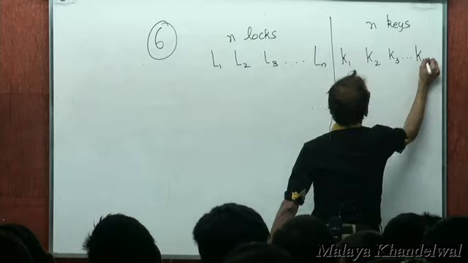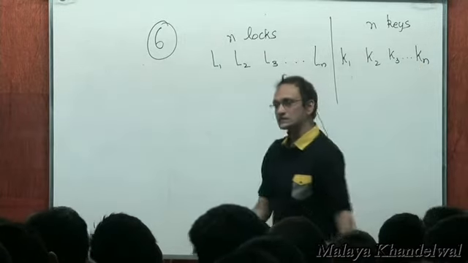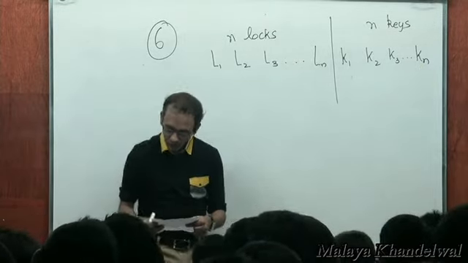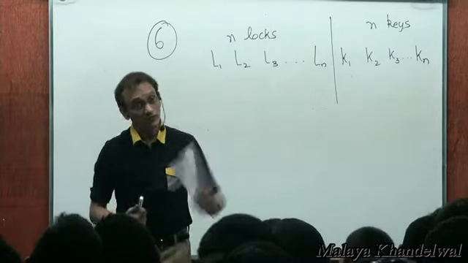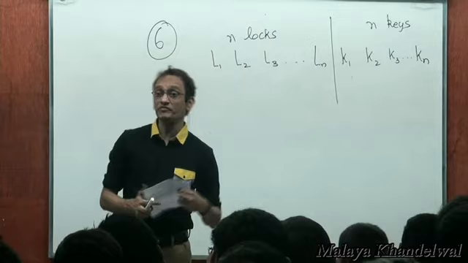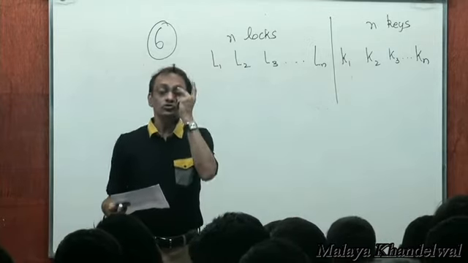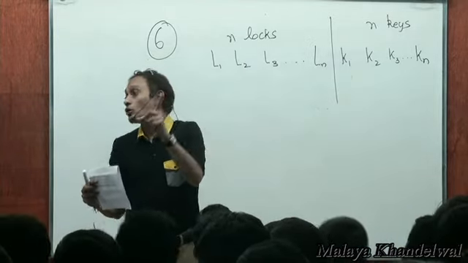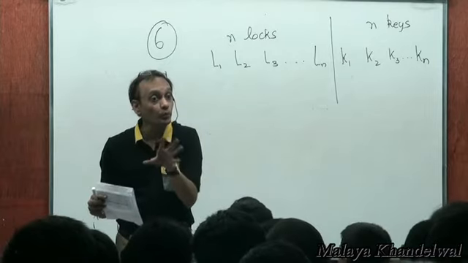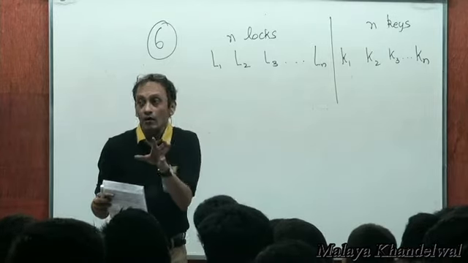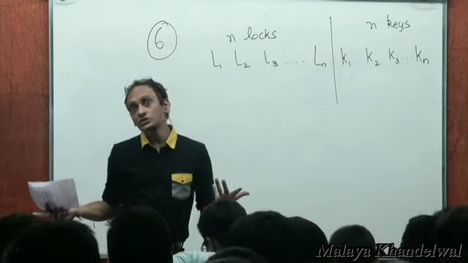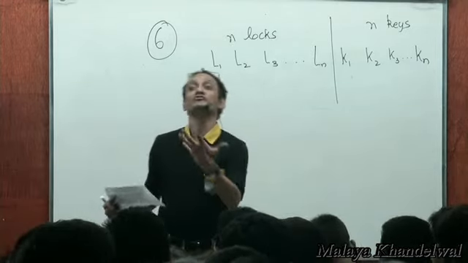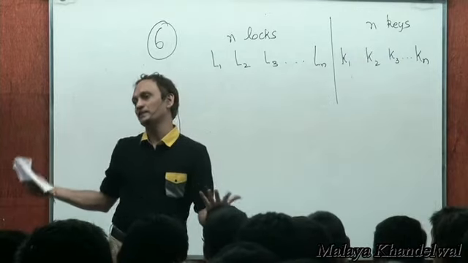K1 to Kn, these are the n keys, n locks and n keys. Now every lock has a key that belongs to this set only, but we're not aware of it. So we want to pair the locks and the keys by trial. Now the question is, what is the maximum number of trials required to pair them up?